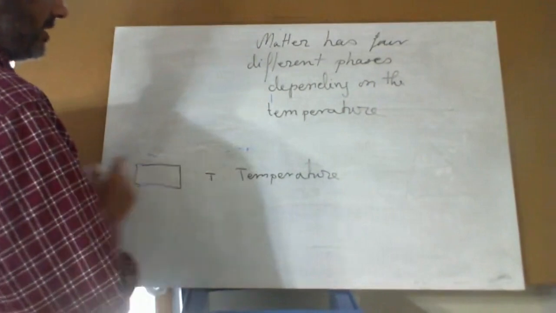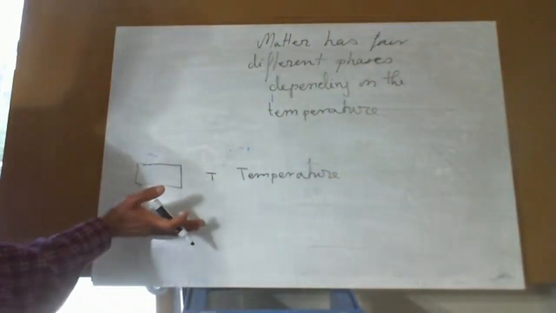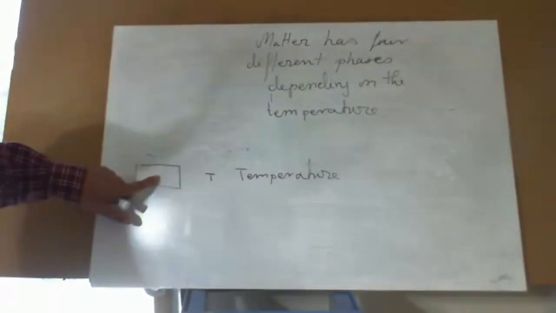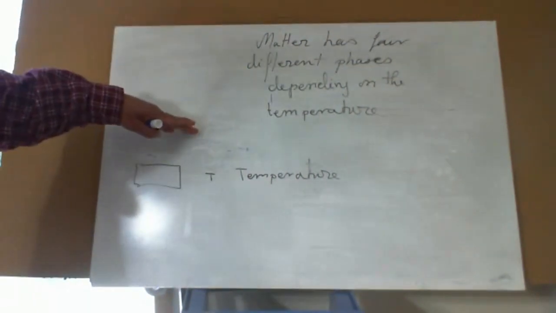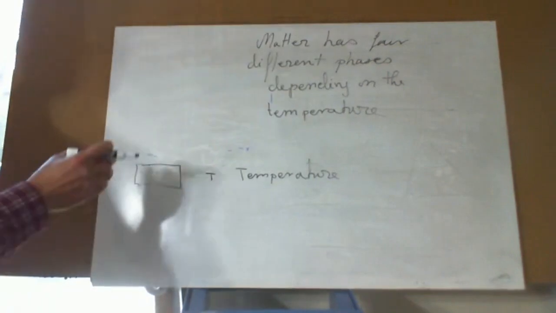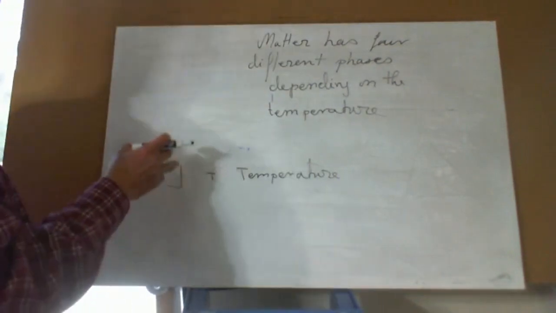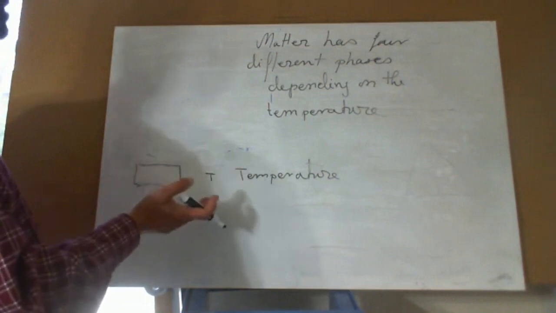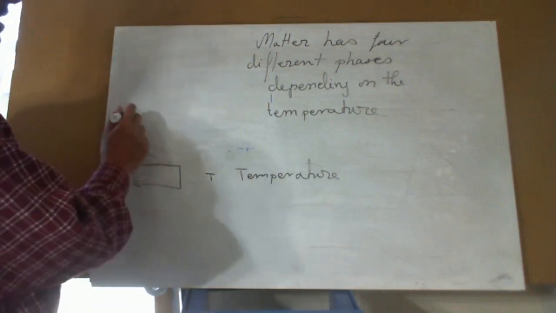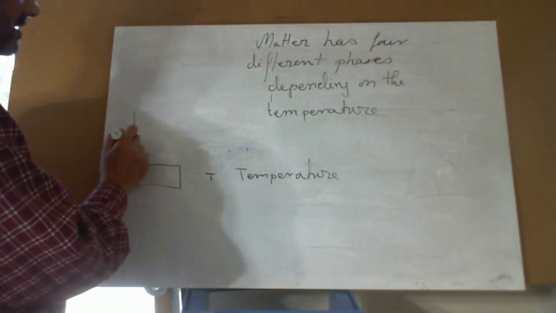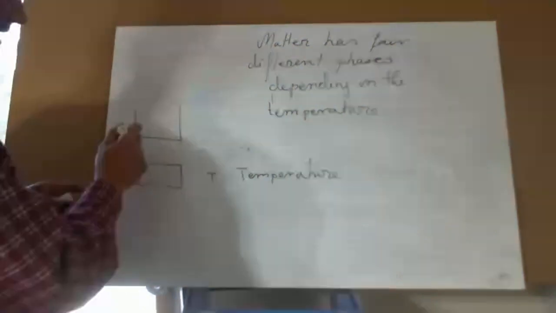As you raise the temperature, for example, if this was ice and you reached a temperature of 0 Celsius, or 32 degrees Fahrenheit, or 273 degrees Kelvin, it will turn into a liquid. So the next phase is a liquid.